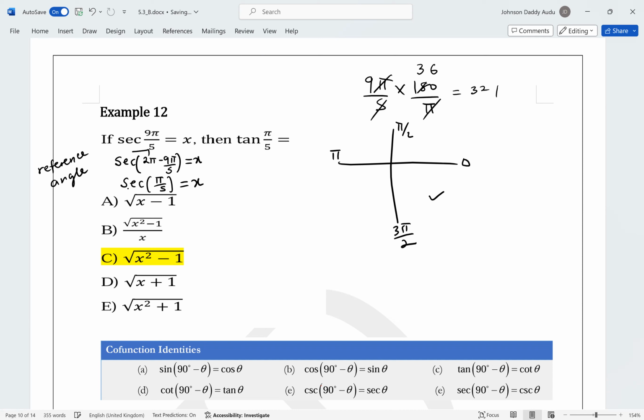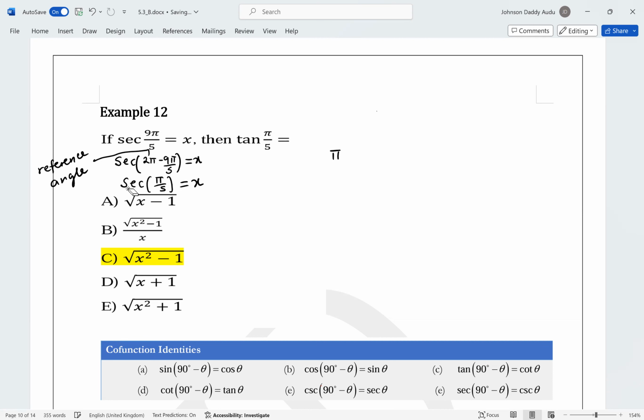Okay, so this is the reference angle. All right, so what next can we do here? We're looking for tan, but remember there is a relationship between tan and sec.